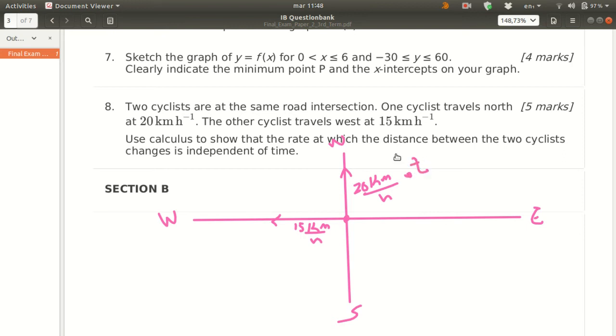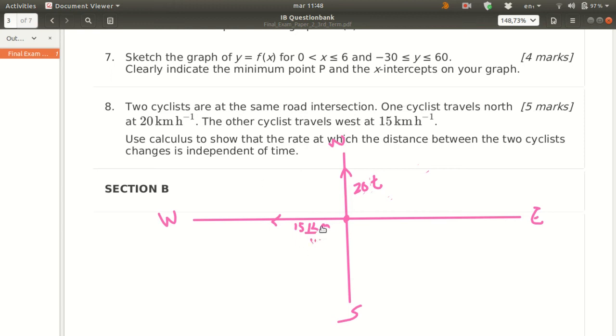Okay, so I'm gonna make this a little bit prettier. So the distance is going to be 20t for this character. So the rate in kilometers per hour times the number of hours, right? That would be the distance.